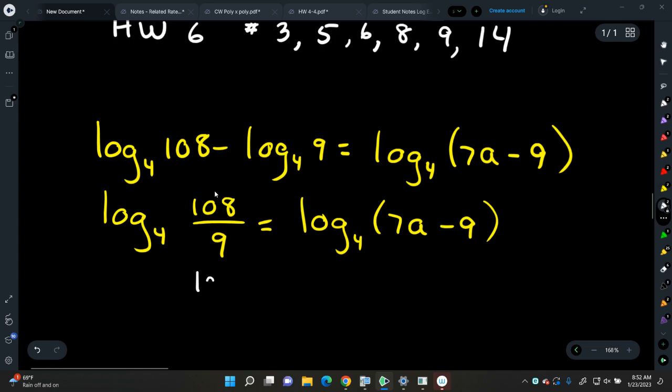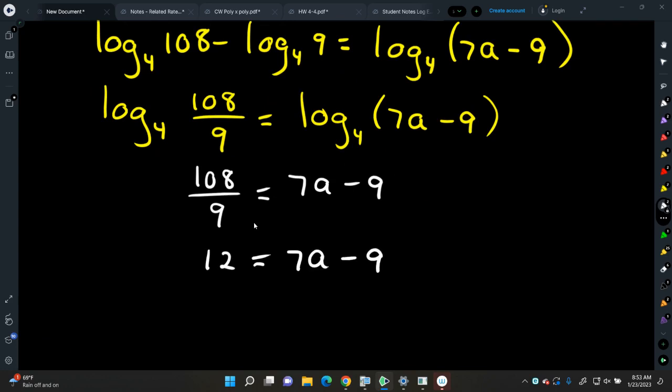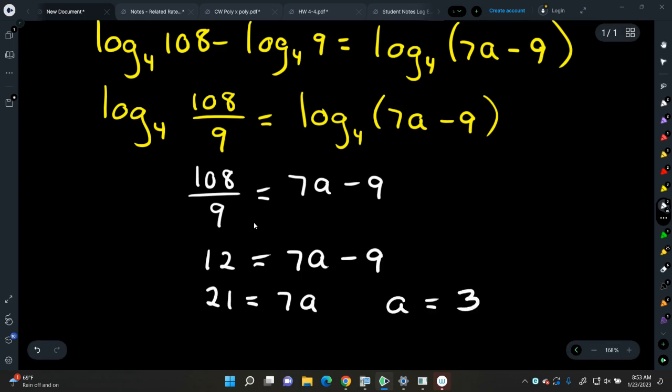So that means that 108 divided by 9 is equal to 7a minus 9. 108 divided by 9 is going to be 12, I think. Adding 9 to both sides, we get 21 equals 7a. So a equals 3. And that works just fine. And that's our answer.